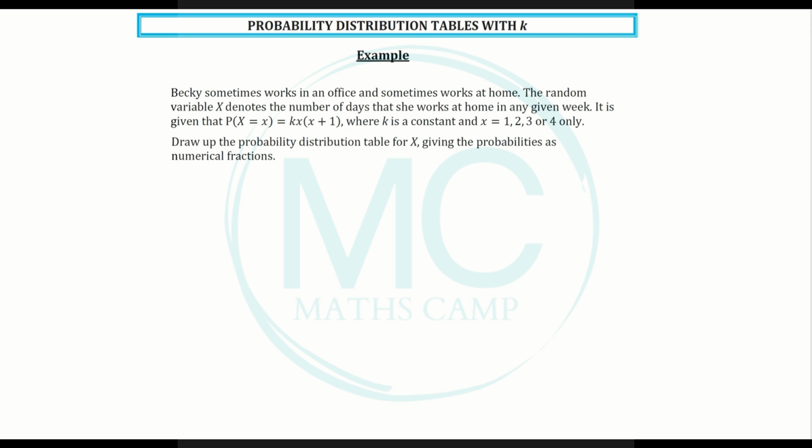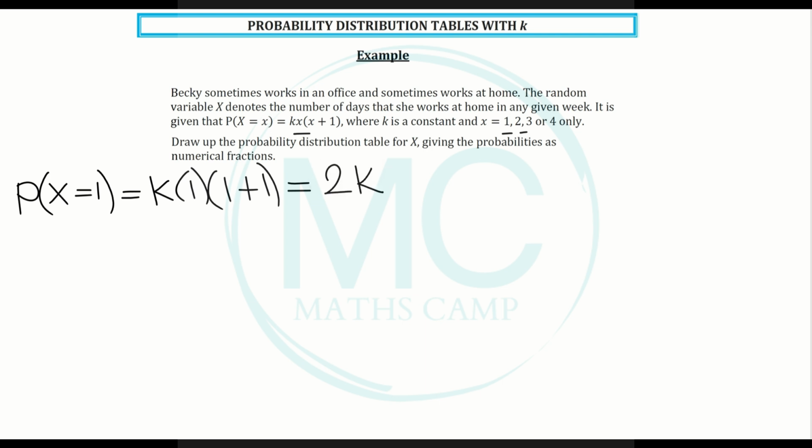And the first thing we're going to do is substitute our given x values into x in this equation. So I'm going to say probability that x is equal to 1 is equal to, and now I substitute 1 into x. We get k multiplied by 1 multiplied by 1 plus 1. 1 plus 1 is 2, so I get 2k.